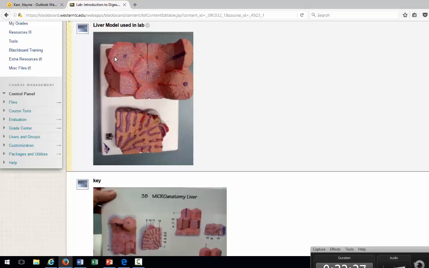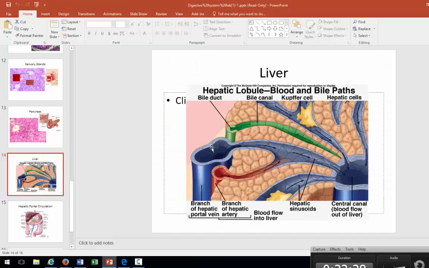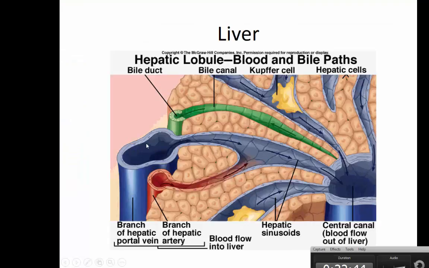And then once that blood is filtered and the bile is secreted, it works toward the center, because remember it comes from the outside. Let's go back to the PowerPoint. So this blood is coming from the digestive tract, needs to be processed by the liver, and then all these sinusoids flow toward the central canal.